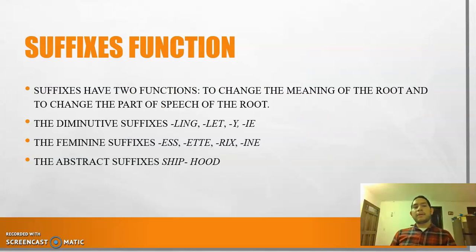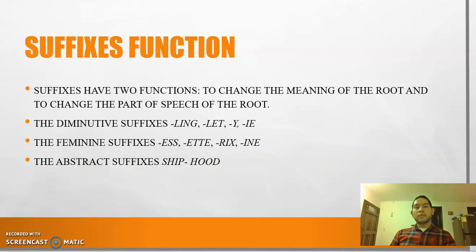Now let's talk about the suffixes functions. Remember that the suffixes are at the end of the word. They have two functions, to change the meaning of the root and to change the part of speech of the root. But also it changes the word class, as we're going to see in the next slide. For example, there are diminutive suffixes like ling, let, ie, and y.